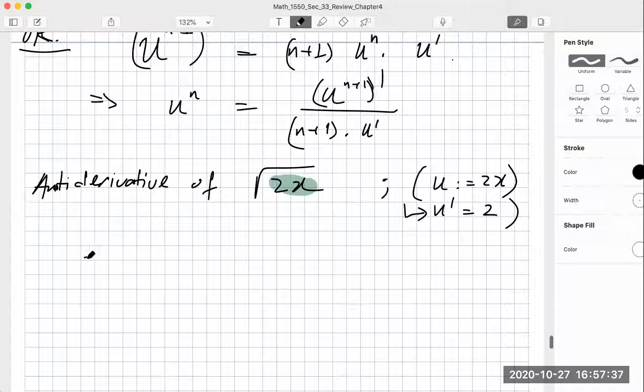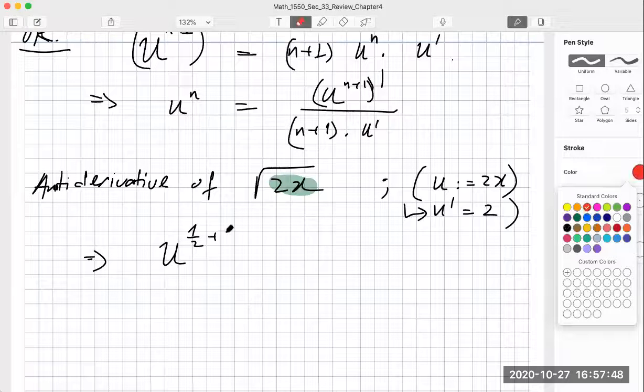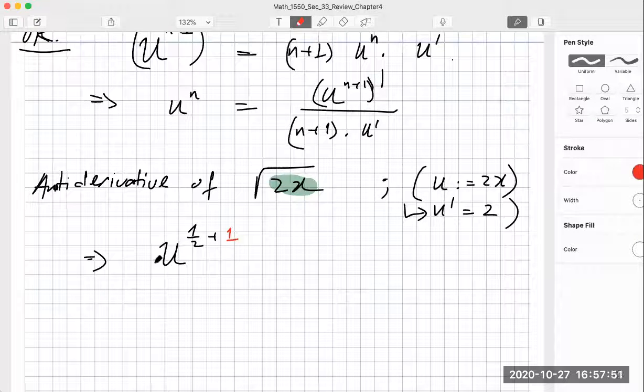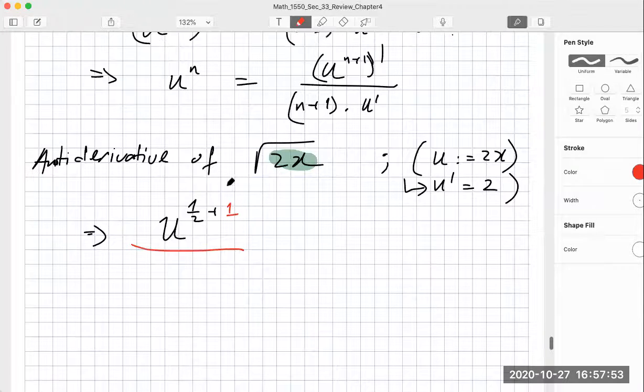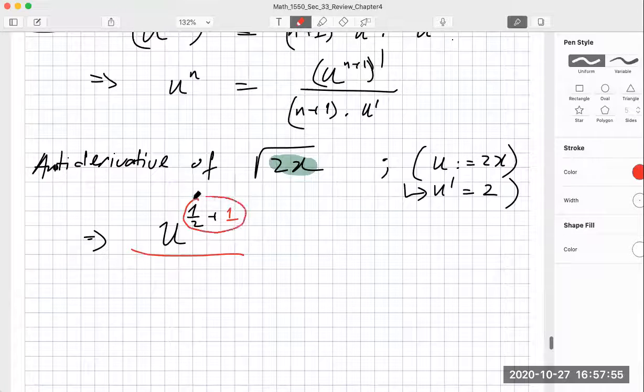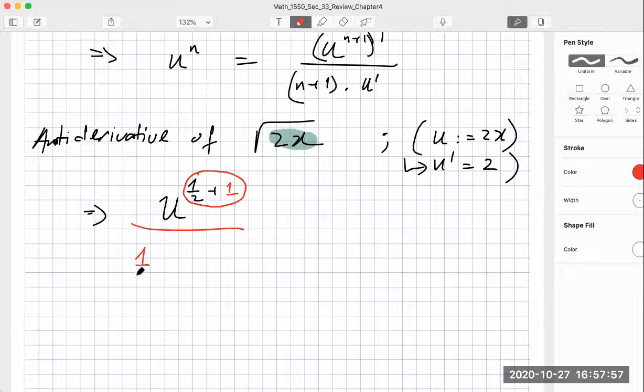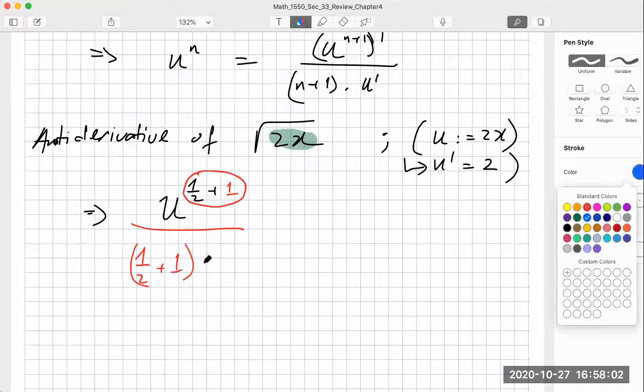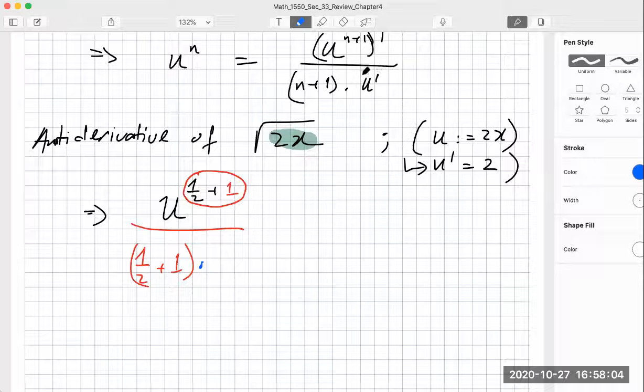So from this, the antiderivative of this will be u to the n plus 1, which is 1/2 plus 1, because here it is 1/2, divided by the power here, 1/2 plus 1, and multiplied with u prime, which is number 2 here.